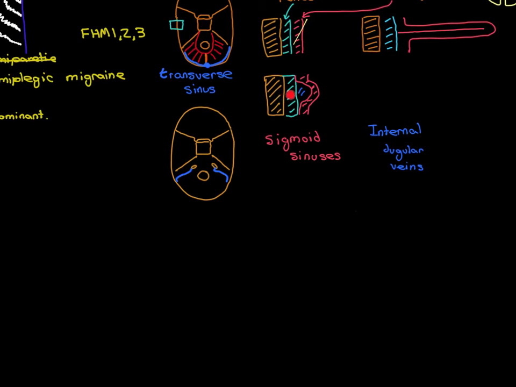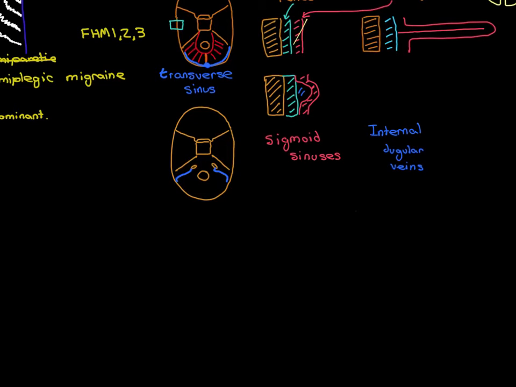So imagine that we've chiseled a hole through the periosteal dura mater, we've chiseled a hole through the bone, which is the jugular foramen. It will then pass through that hole, and then on this side there will be a vein waiting to catch all of that blood, and that vein is the internal jugular vein. There'll be two, one on each side, the left and right internal jugular veins, and they'll take the blood down and away.